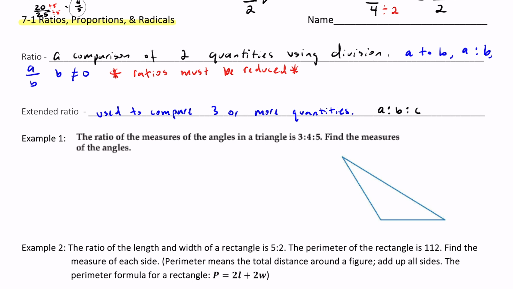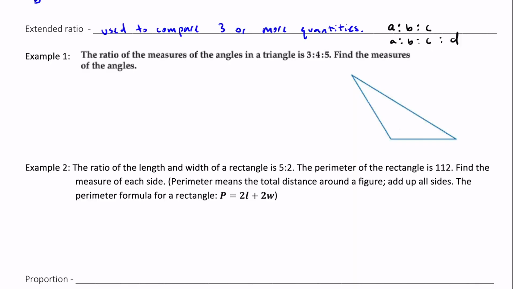Or if you want to go further than that, you can say A to B to C to D. This is where I'm comparing 4 quantities. If you wanted to compare 5 or 6 to 7, then you need more than what we have here. Okay? So let's take a look at our first example that deals with extended ratios.